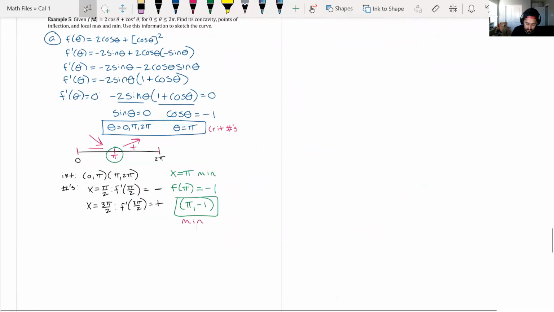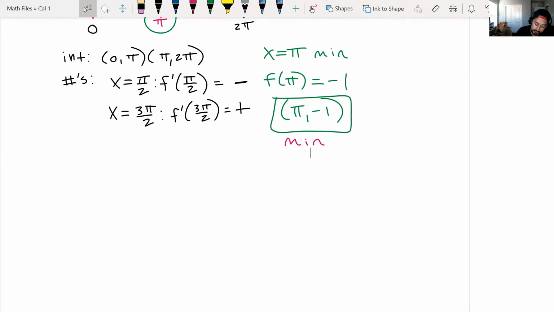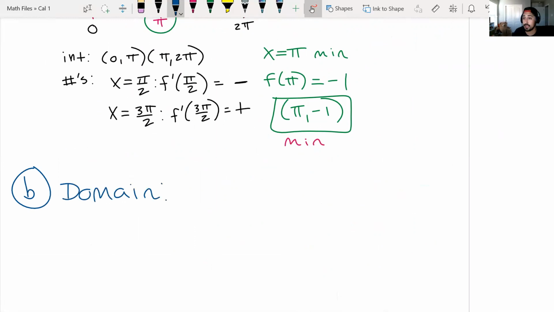Okay. X-intercepts, y-intercepts really fast since I skipped it. My bad. B, first of all, the domain of our trig functions, cosine, is all real numbers. Even if it's cosine squared, it's still all real numbers. Okay.